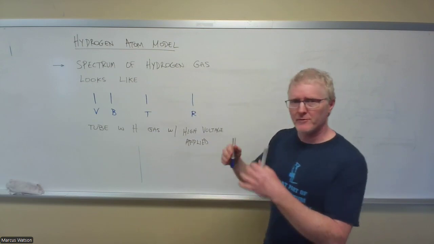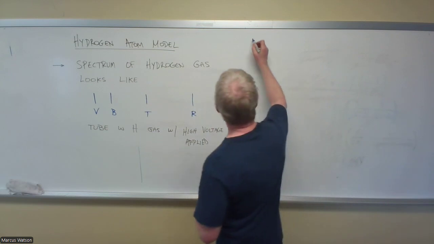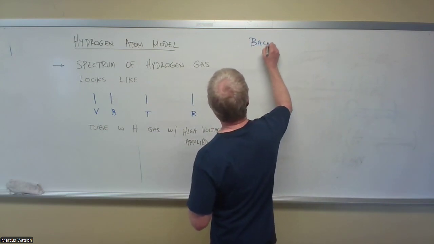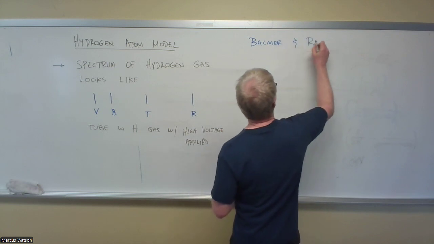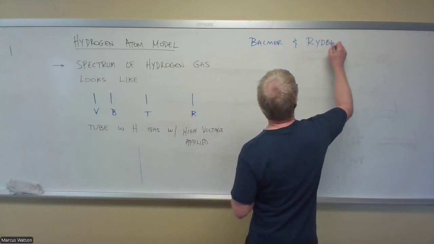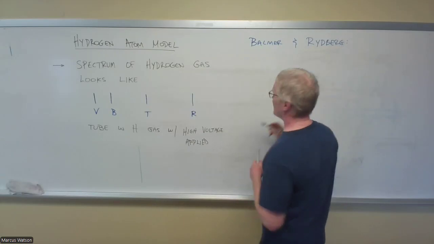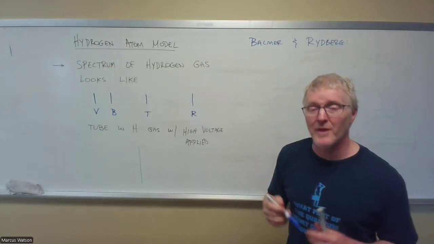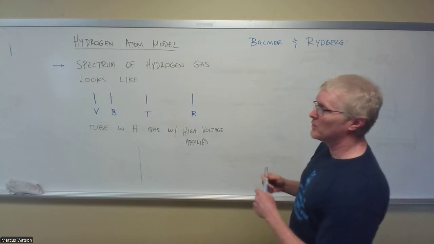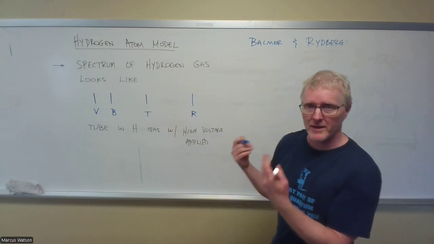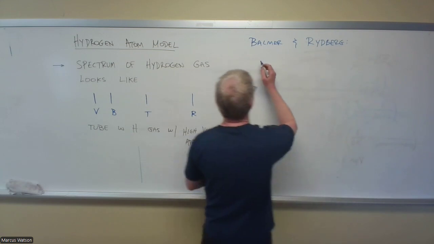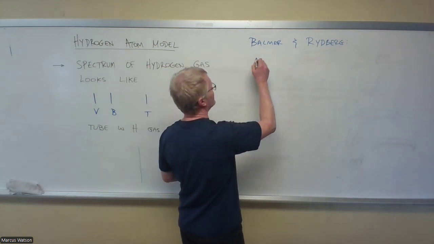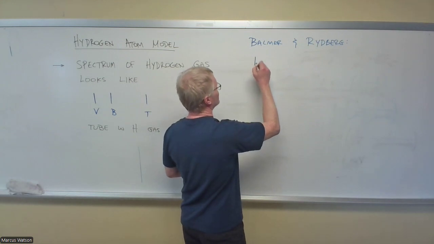I'm going to skip over a bunch of things, like the Balmer and Rydberg historical perspectives, but I'm just going to give you the end result, what they did, and what was eventually reproduced by Bohr when he made his model of the hydrogen atom, is that they said that these energies, right?